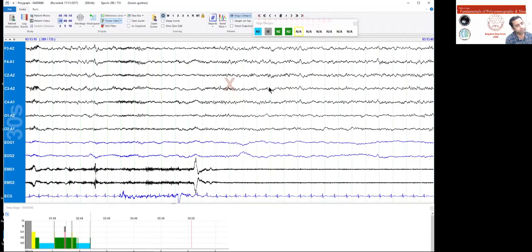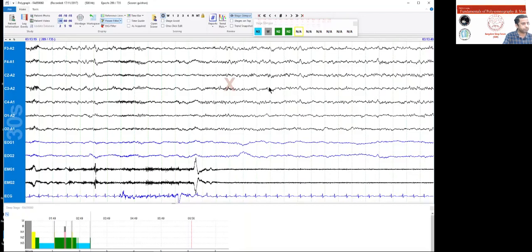So yes, slow wave activity occurs in N2. Even K complexes are slow wave activity. So if you have K complexes for more than 6 seconds in an epoch, that is also called the N3 stage.